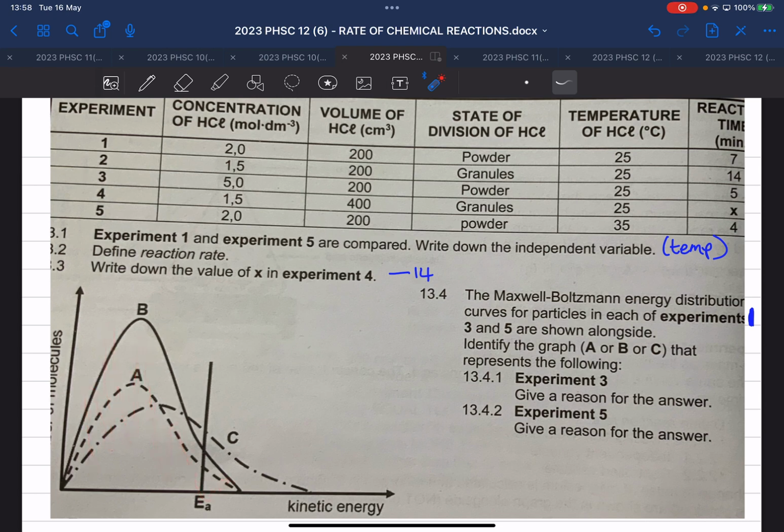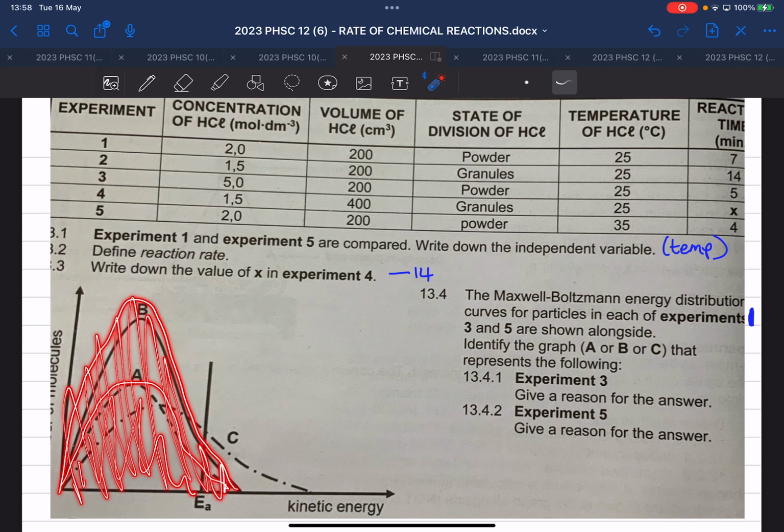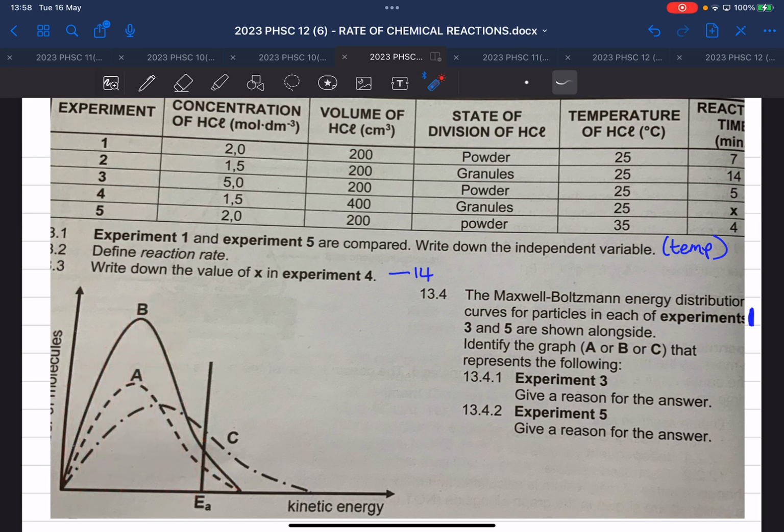The number of particles. If you compare A, there are so many particles, and B, there are more particles. Okay, so B has more particles. What is more particles? A higher concentration. So if we compare 1, 3, and 5, you see 3 has the highest concentration. So 3 fits with B. So that one is 3.